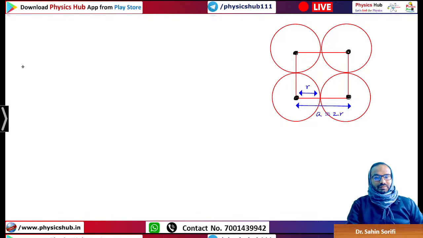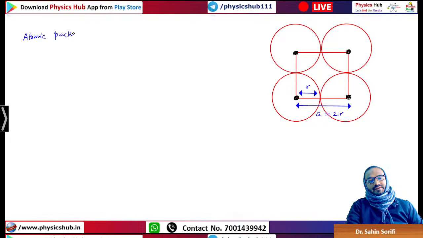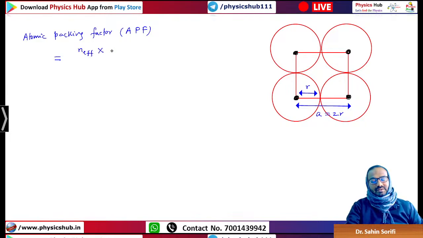Now we will try to calculate the atomic packing factor, in short written as APF. It is n effective, the number of effective lattice points in the unit cell, multiplied by the volume of each sphere, divided by the volume of each cell.